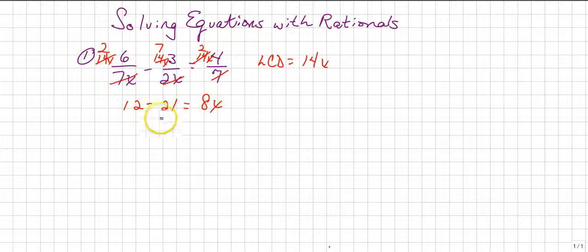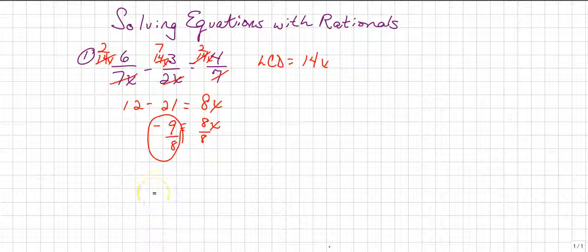Alright, at this point we just solve. 12 minus 21 is negative 9 equals 8x. Divide both sides by 8, and the answer is negative 9/8. Done. So that technique will work on a variety of rational equations.